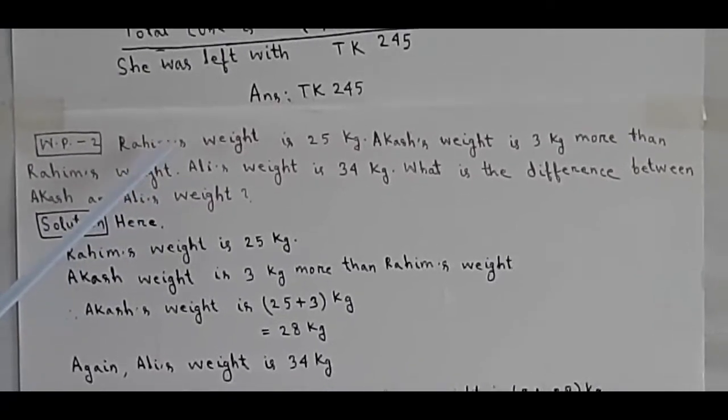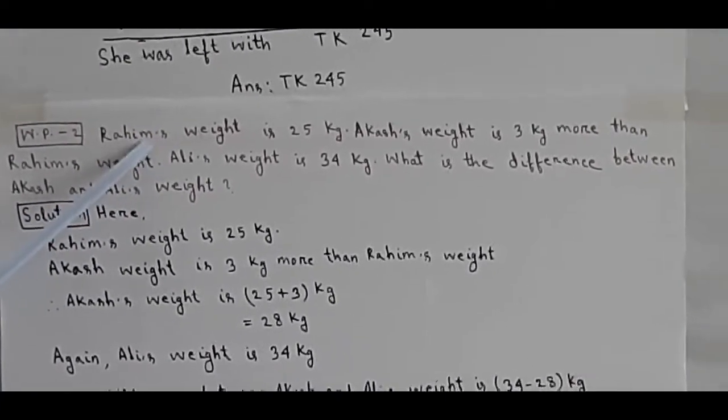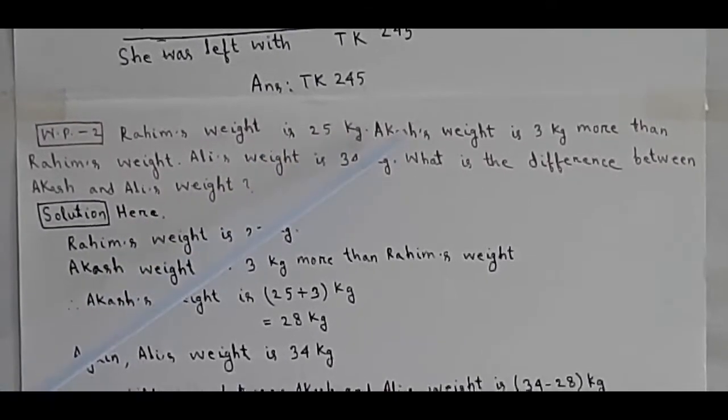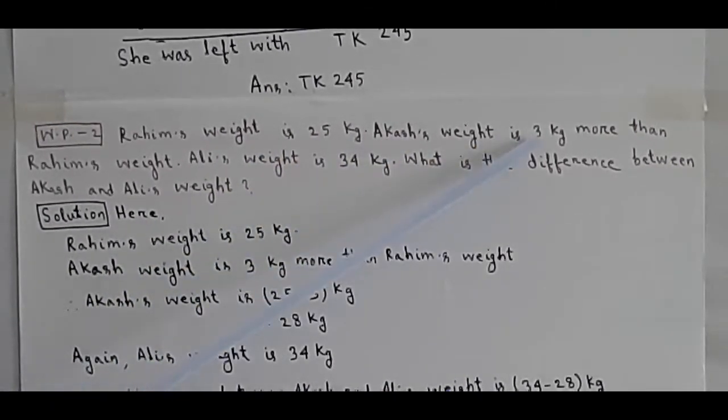Here the question is: Rohim's weight is 25 kg. Akash's weight is 3 kg more than Rohim's weight. Ali's weight is 34 kg. What is the difference between Akash and Ali's weight? For finding out the difference between Akash and Ali's weight, we have to know the weight of Akash and Ali.